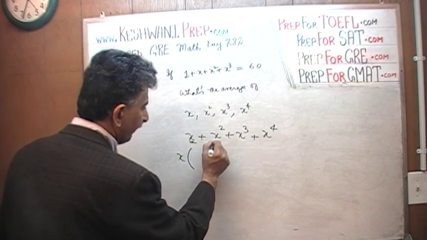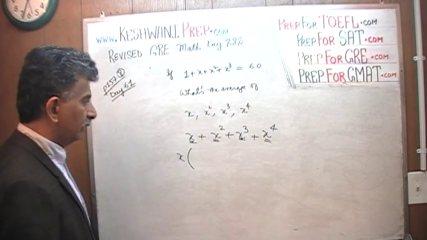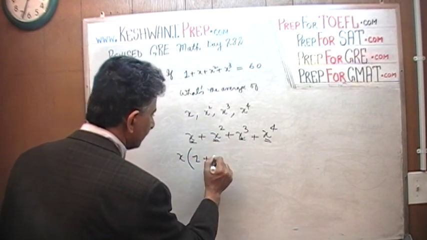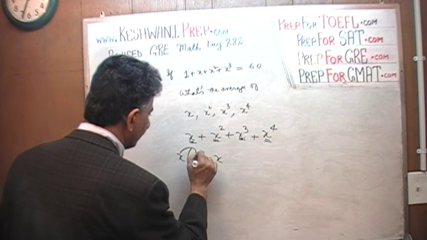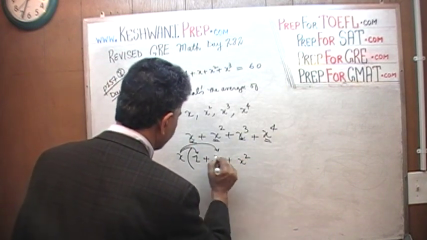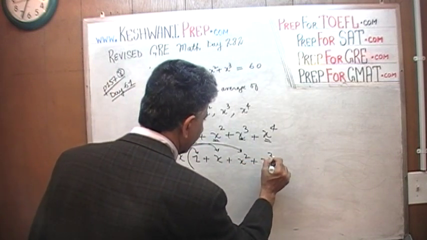X is the common factor. Once we take out x common, we are left with 1 from the first term, x from x squared, x squared from x cubed, and then finally x cubed from x to the 4th.